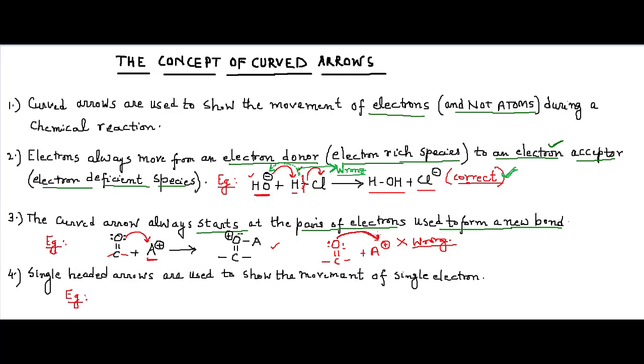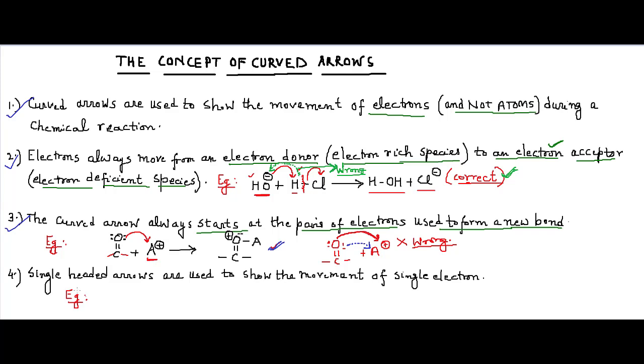So we have to be very careful while making arrows. The arrow should start from the electrons. This is the correct method, drawn in blue, and the wrong one is where you draw an arrow just anywhere. It should start from where we have the electrons. This is what is being said in the third point.